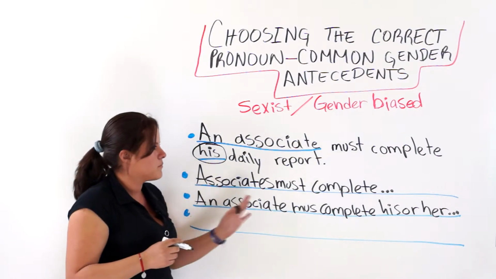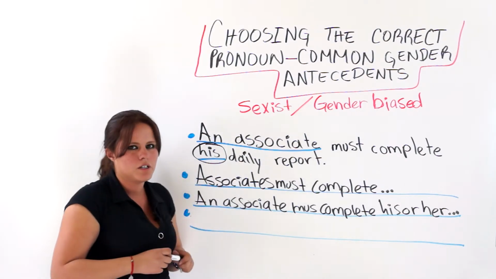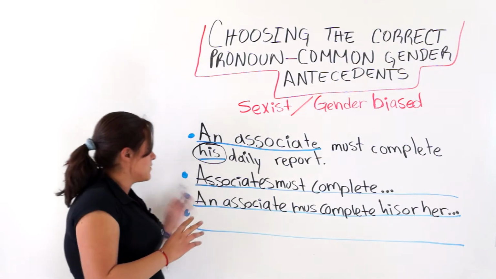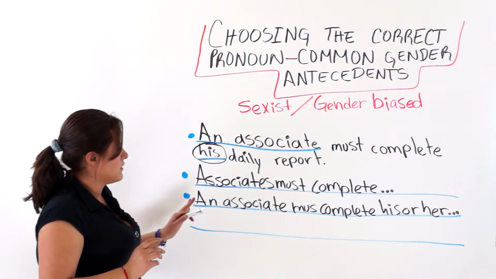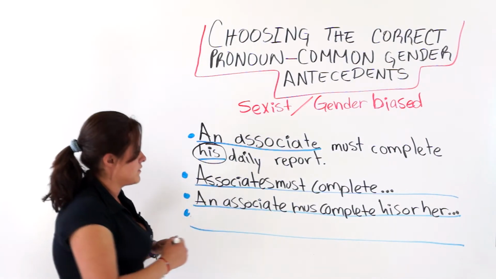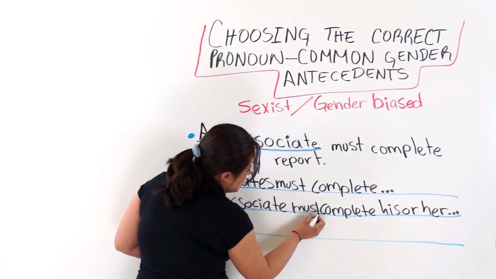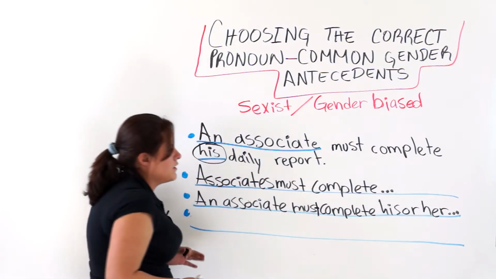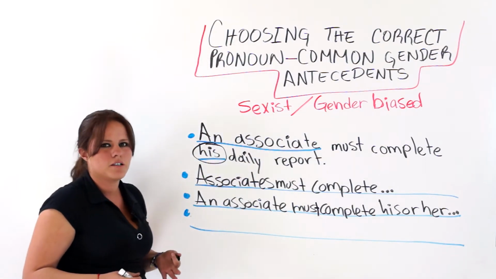An associate must complete his report would be incorrect. So we could do it like associates must complete, pluralizing the noun, or an associate must complete his or her daily report.